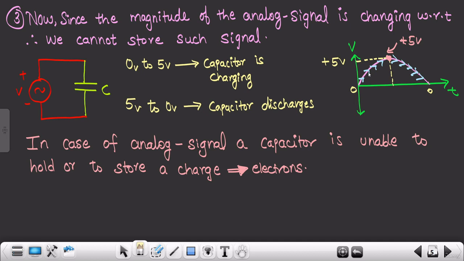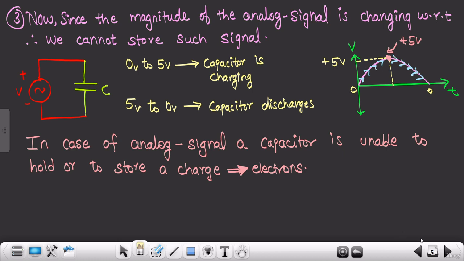Similarly, at time t equals 2 seconds, the source provides 2 volts, so the capacitor will also charge up to 2 volts, right? So when this voltage source gives 5 volts to the capacitor, obviously the voltage on the capacitor would be 5 volts, right? I hope you are getting this particular point.